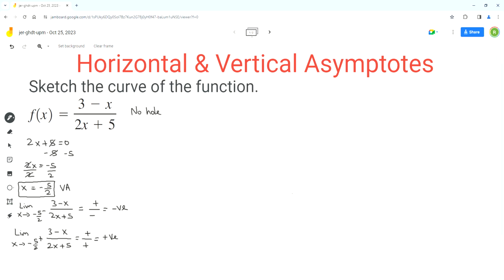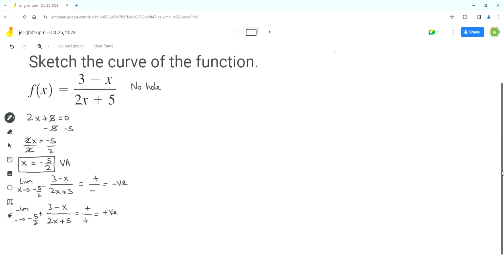So based on these outcomes, we can write the end behavior around the vertical asymptote as x approaches -5 over 2 from the left side, y approaches -infinity.